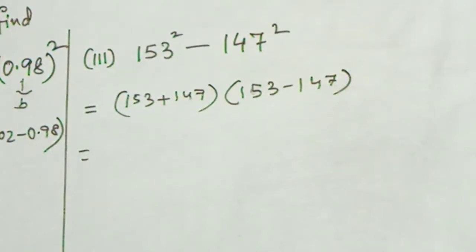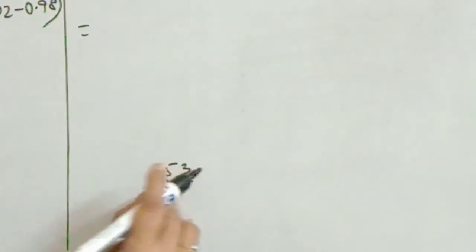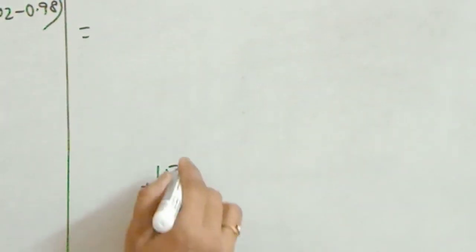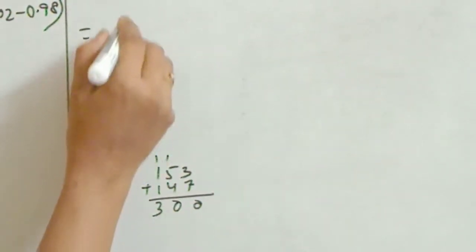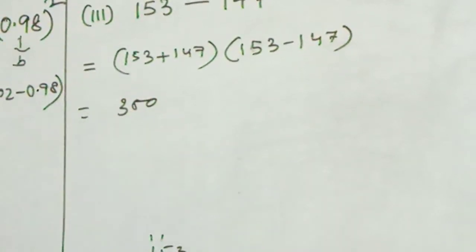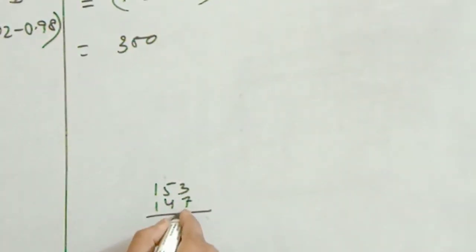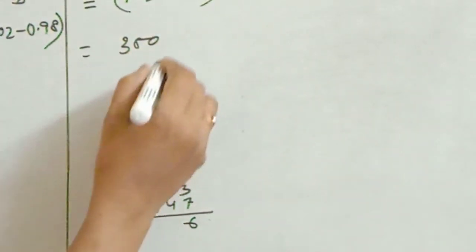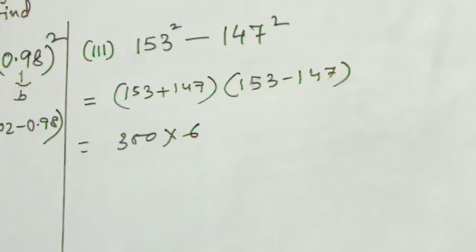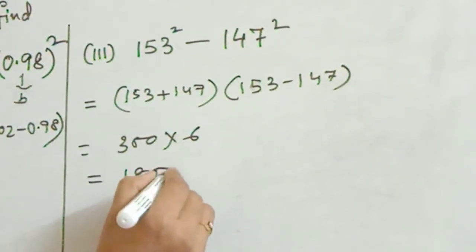When we are adding 153 plus 147, we get 300, and when we are subtracting it, the result is 6. Now it will be into 6. Result is 300 into 6, 1800.